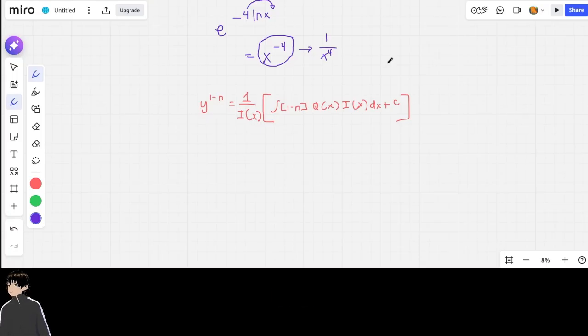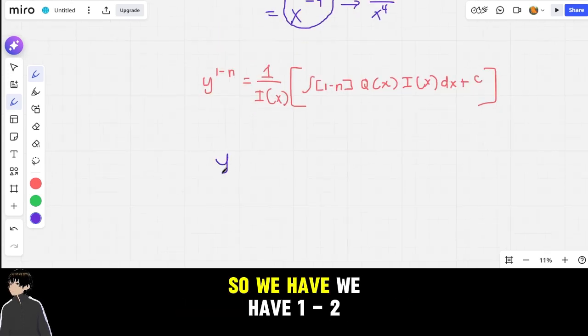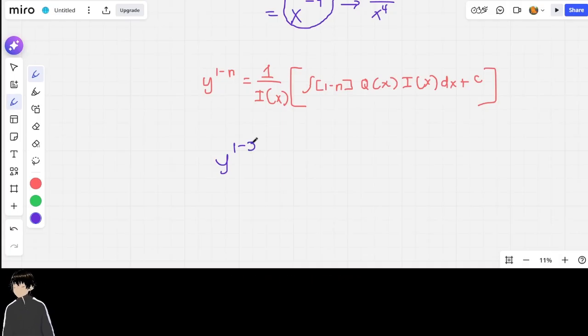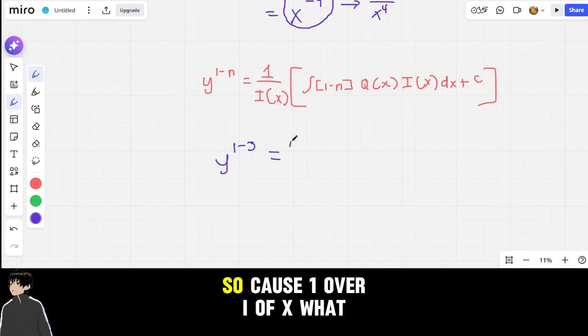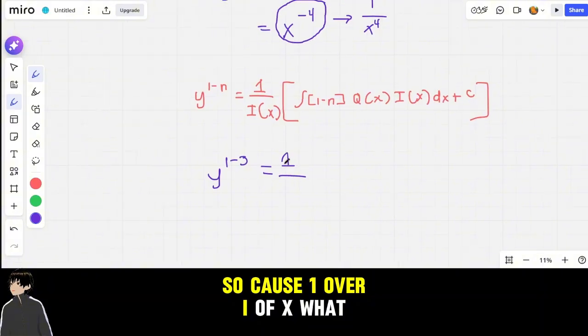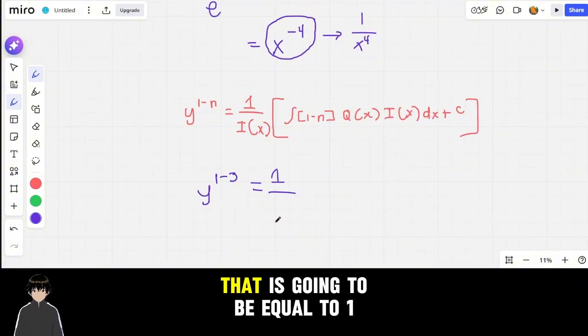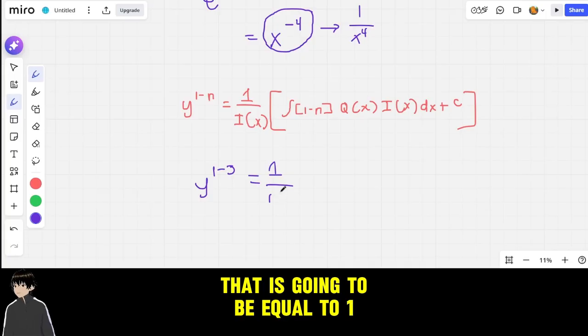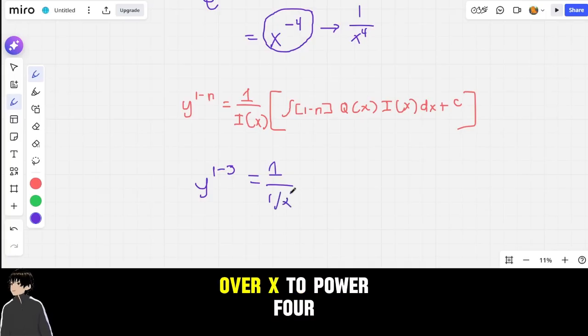Now we can just solve and substitute the variables. So we have 1 minus 2, 3. So that equals 1 over I of x. What is I of x? That is going to be equal to 1 over x to the power 4.